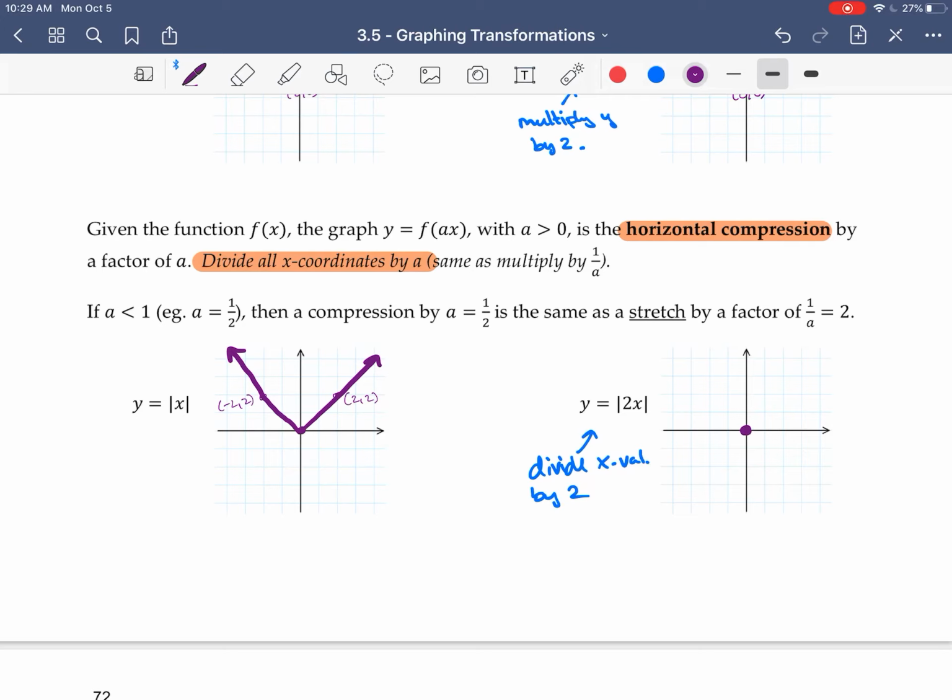But now 2, 2 is going to go to 1, 2, and -2, 2 is going to go to -1, 2. And your graph ends up being sort of a horizontally squished graph. Okay, so we compressed it horizontally.